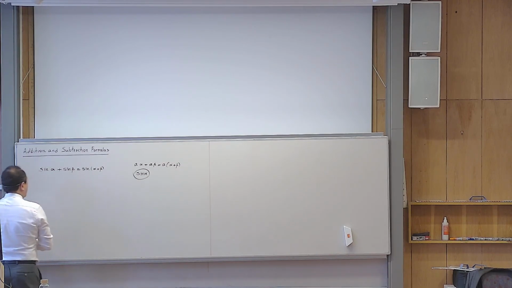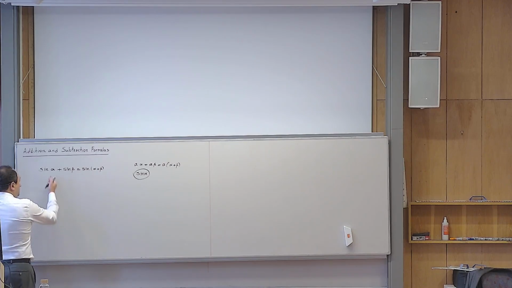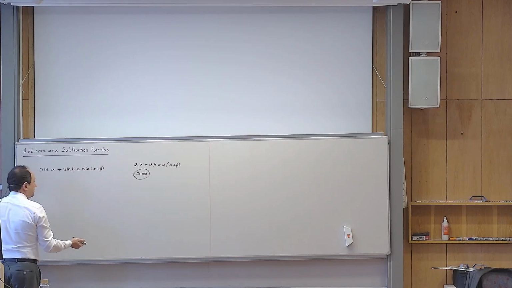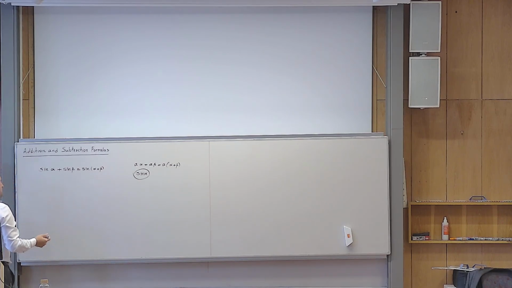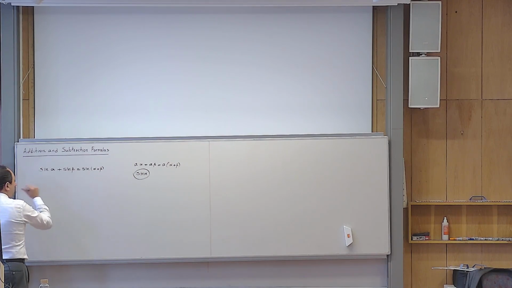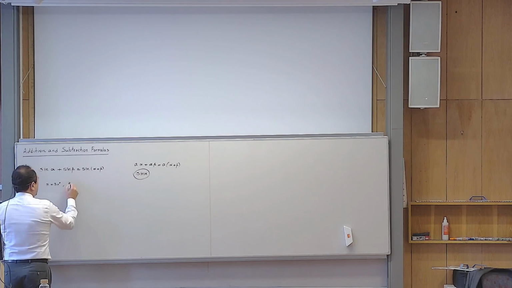Why is that? If this is supposed to be a formula, it means that I should be able to rely on it for all possible values of alpha and beta, yes? But let us be a little bit clear here. Let me choose alpha to be 30 degrees, and let me choose beta to be 60 degrees, yes?